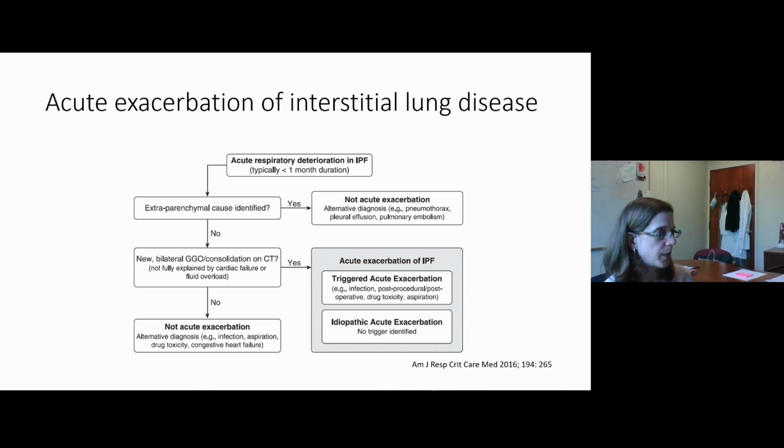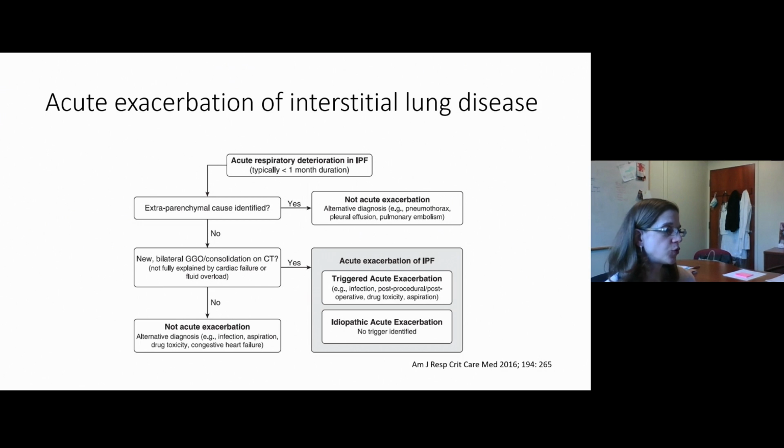So how would you go about diagnosing an acute exacerbation? You would typically see a deterioration in a patient with IPF or another form of ILD that's less than 1 month in duration. You would not have a clear extraparenchymal cause for that deterioration, such as pneumothorax, pleural effusion, or pulmonary embolus.